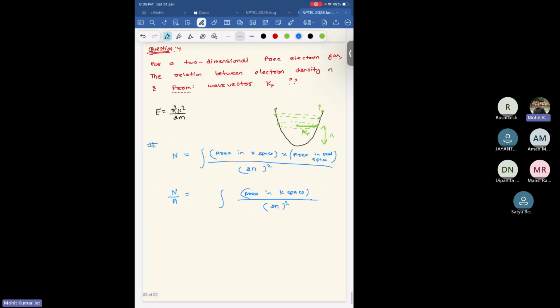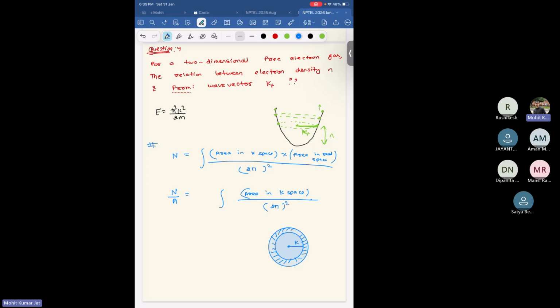So either I write area in momentum space by (2 pi h bar) square, or I write area in K space by (2 pi) square. Both are accurate. So if you have any region in the K space, you can model it like this: a circular ring, another circular ring. You can fragment it so it has radius k, so its circumference will be 2 pi k.